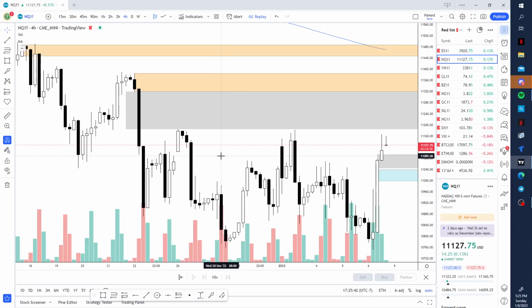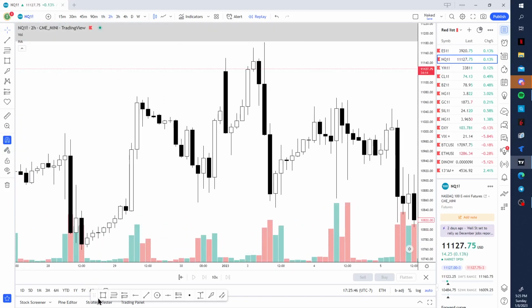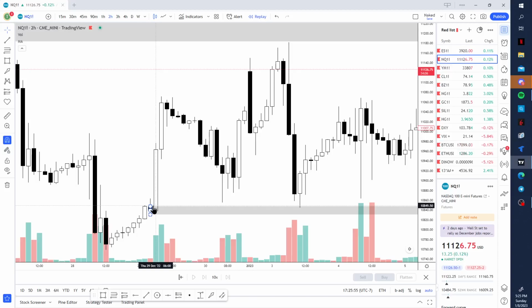Because if you draw it like the old way, I remember that because you were even going like maybe we do the whole wick, the top and bottom of the wick, and that wasn't super consistent either, right? Right, because here's how we were taught in Vesta Trade to draw it. The basing candle has to be red for demand, and you draw it from the body to the bottom.